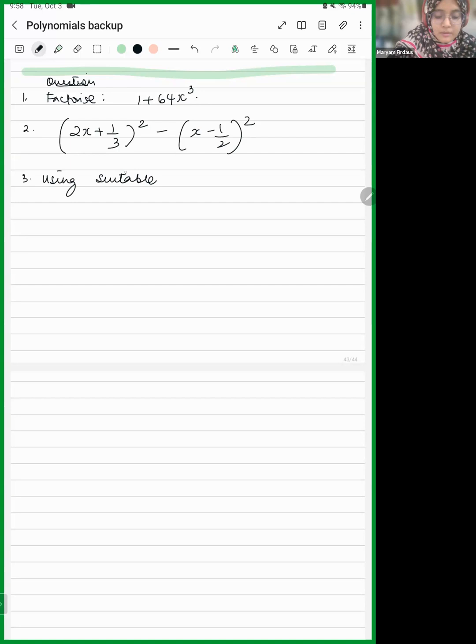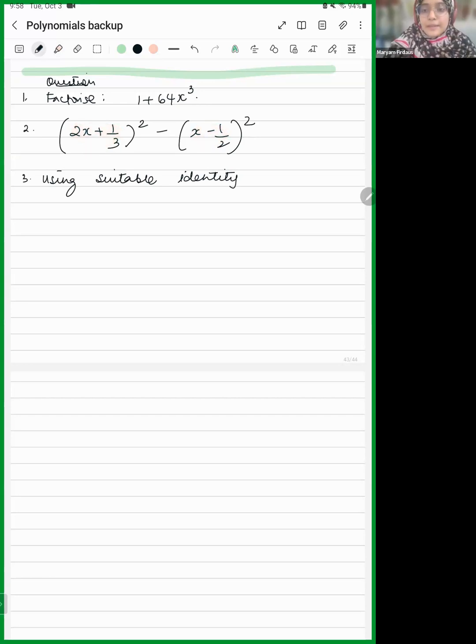Ma'am, in the second question, do we have to expand it, solve it, and then again factorize it? No. Without expanding first, you have to factorize it. Let me give you a hint. Think of this as A and this as B. What will it become? Okay, ma'am, understood.